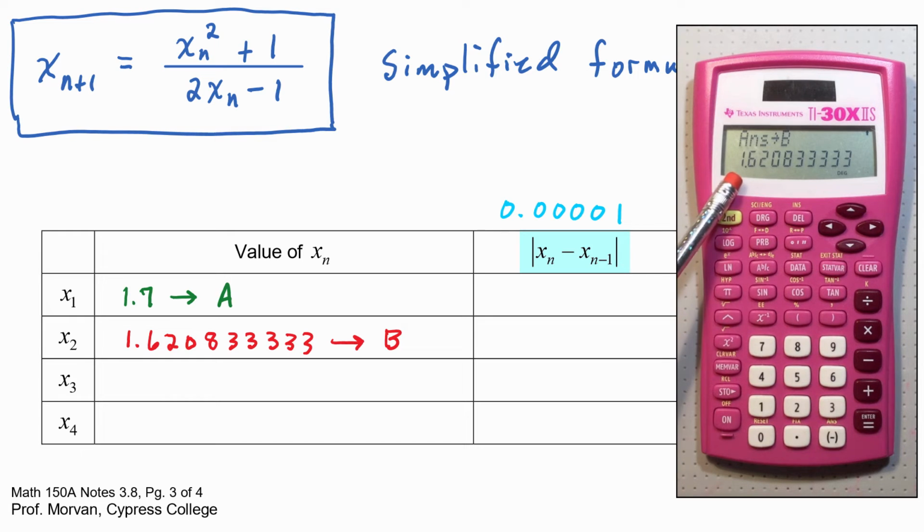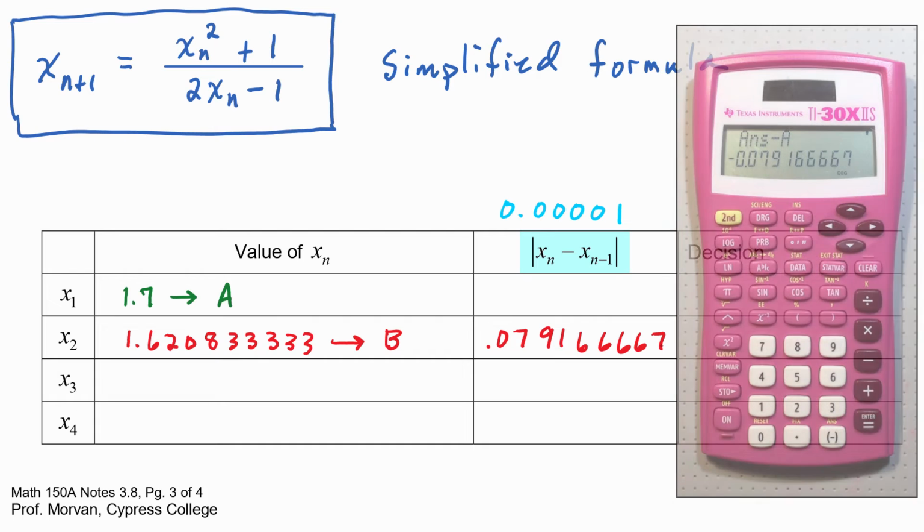So we have x2 sitting in our calculator. We just need to subtract x1, which was memory variable A, and we can see the difference here. Remember that we are taking the absolute value, so we write it as a positive number, 0.079166667. And then we have to make a decision.